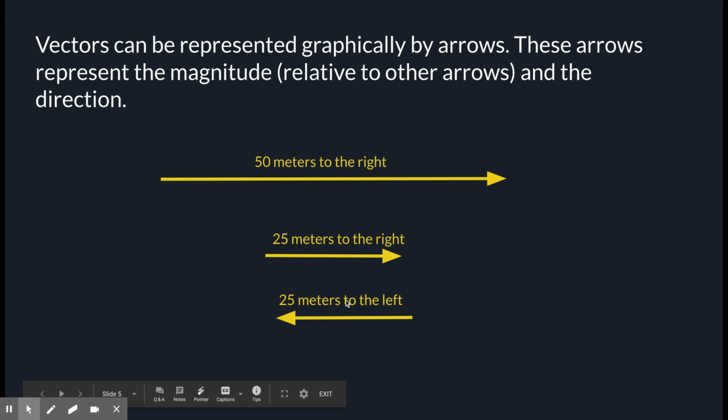Okay, so we often represent vectors with arrows. The arrows represent magnitude in comparison to other arrows. It's not a precise measurement in this situation. With 50 meters to the right, you'll notice the 50 meters is much larger than the 25 meters to the right. So it is relative in comparison.